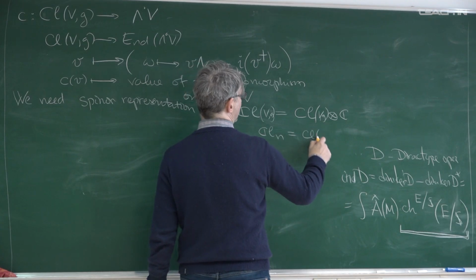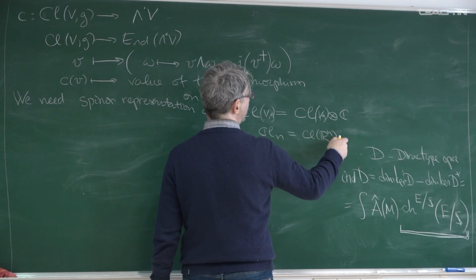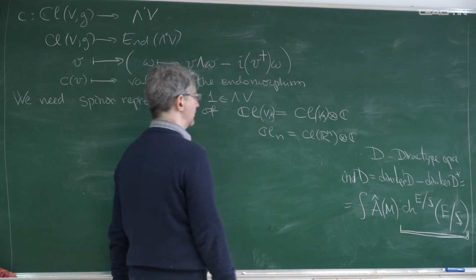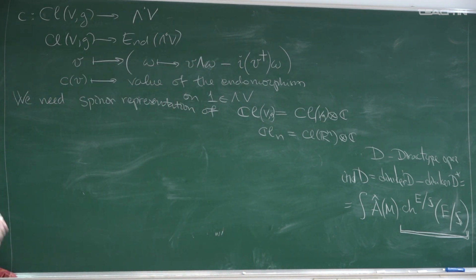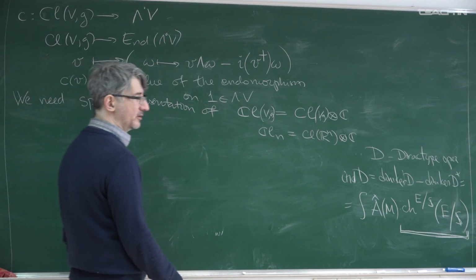So this is the Clifford algebra of Rn with the standard Euclidean metric, and then taking the tensor product with the complex numbers. How many scalar products do you know on a complex vector space? Not too many, I think one, if it's non-degenerate. So there is only one Clifford algebra.